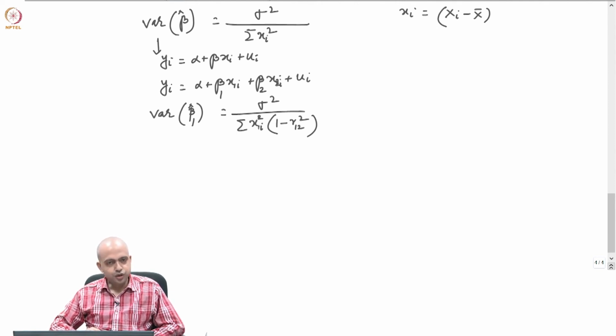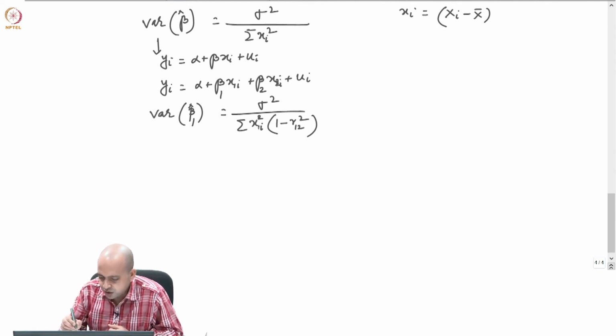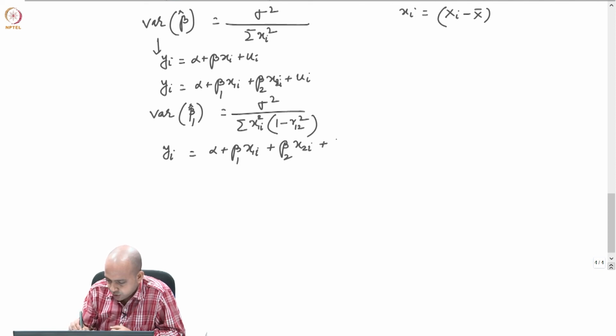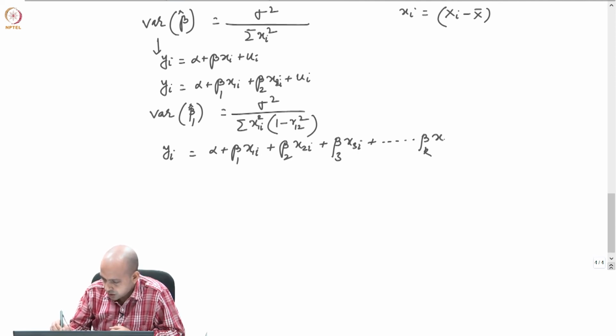Right. So, similarly, when you have a multiple linear regression model, let us say your model now changes to alpha plus beta 1 x1i plus beta 2 x2i plus beta 3 x3i plus up to beta k xki plus ui.